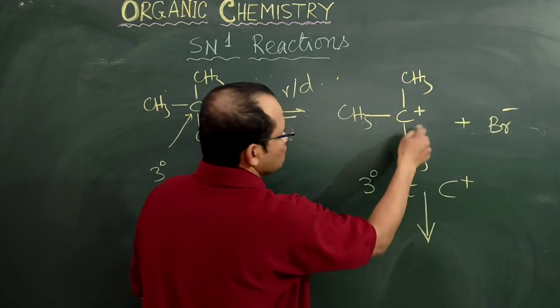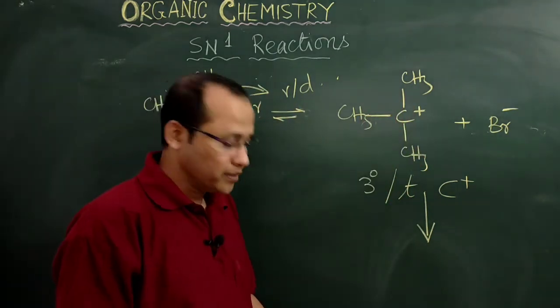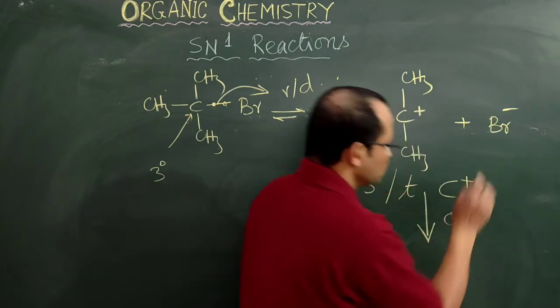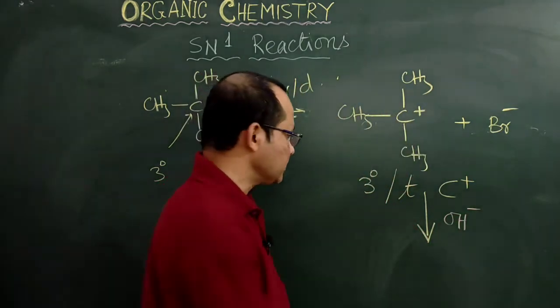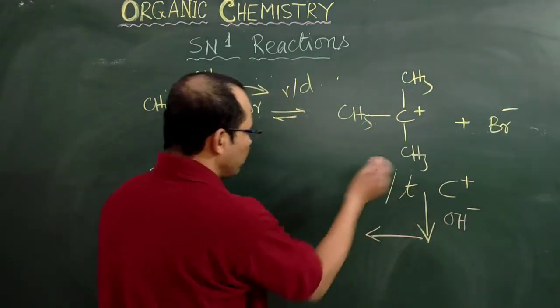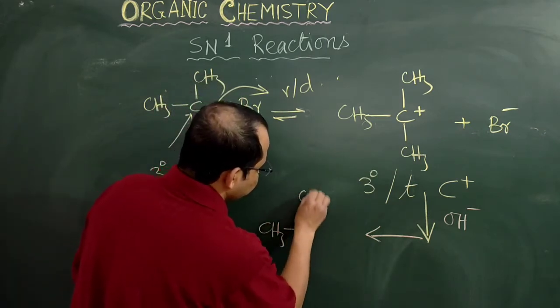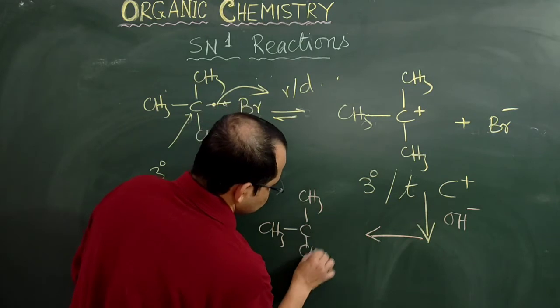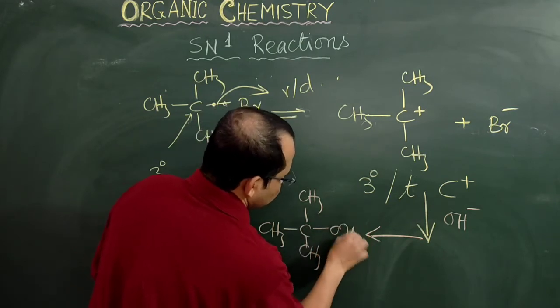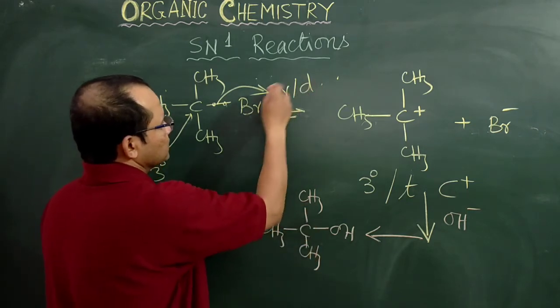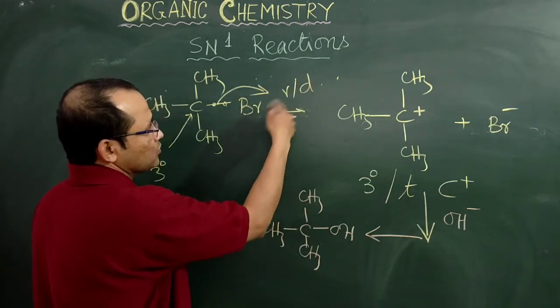Now look, in this one a carbocation is formed, and if this carbocation is then allowed to react with OH minus, readily it will form the corresponding product, which will be this. So from here we are getting this one. This step was the major one, the slower one.